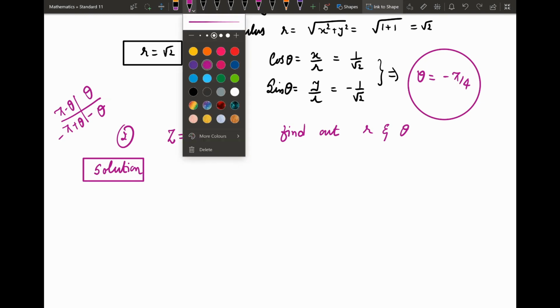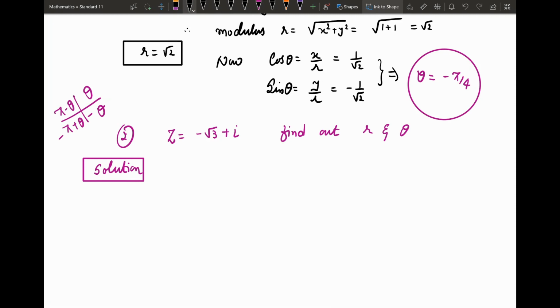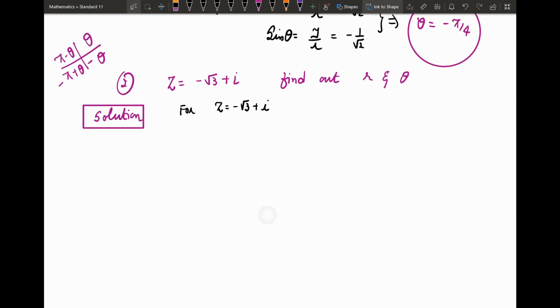What is modulus, what is amplitude, what is argument. Now for z equal to minus root 3 plus i, real part x equal to minus root 3, imaginary part, coefficient of i, is 1. X negative, y positive, so quadrant will be second because x is negative, y positive.